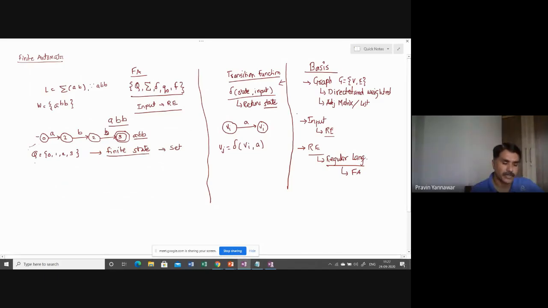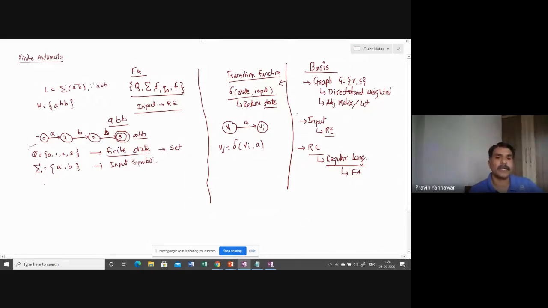here we need to discuss the next important point, that is called sigma. Now sigma is, since if you look at this language which is based on alphabet A and B, here the input alphabet sigma is containing A and B. Okay, so sigma talks about input symbols.